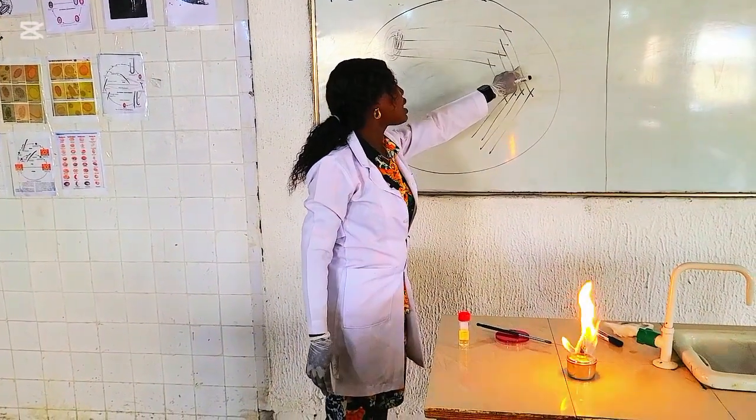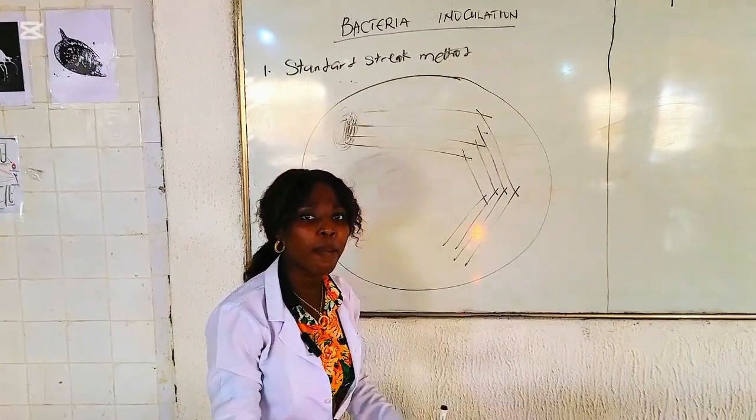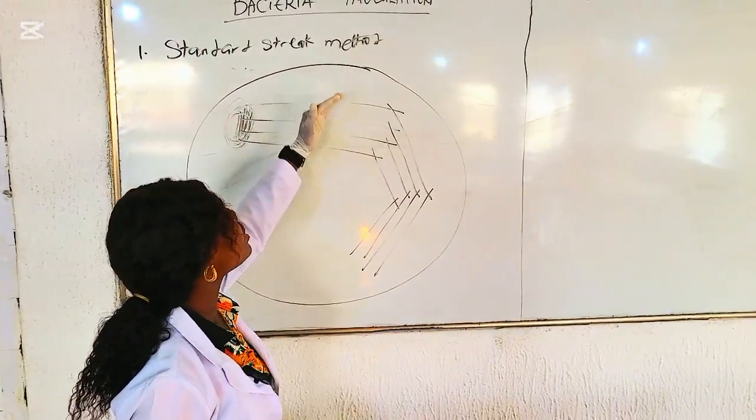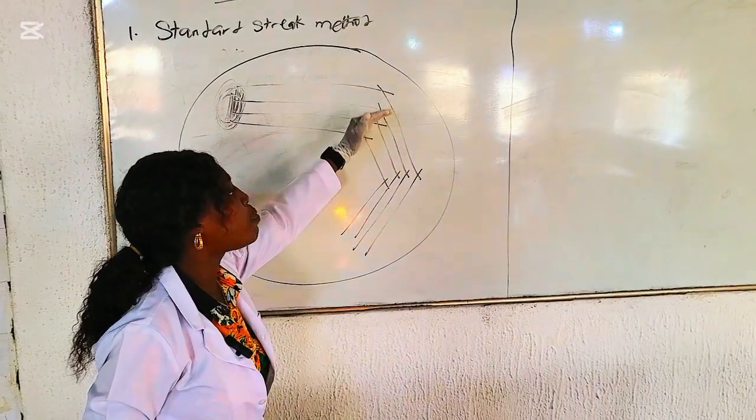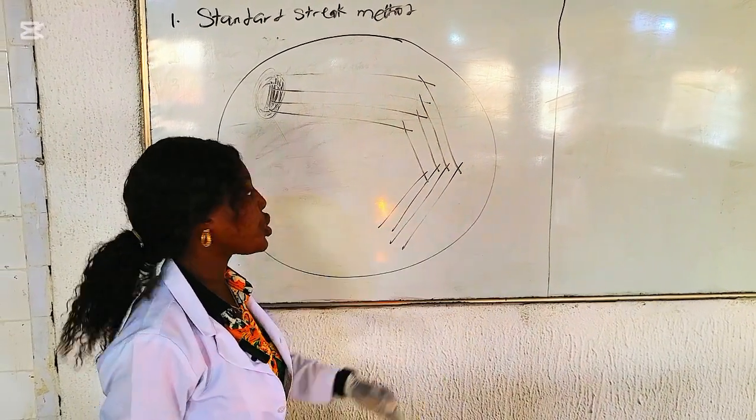So the more you streak the distal end and flame, you cool, you are reducing the population of bacteria that you are dragging along the streaking line.